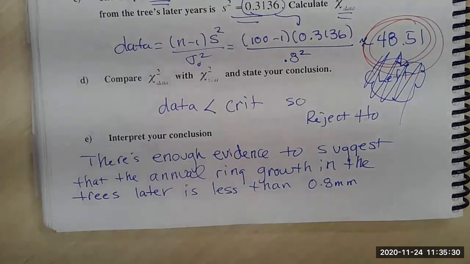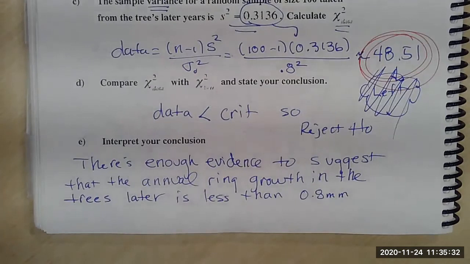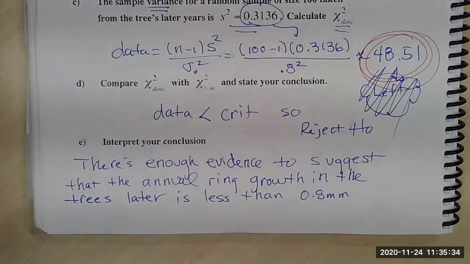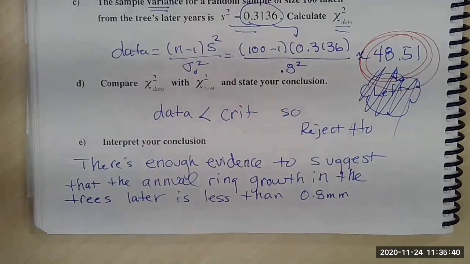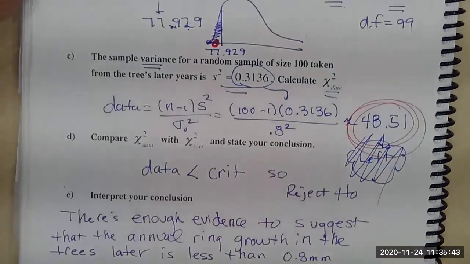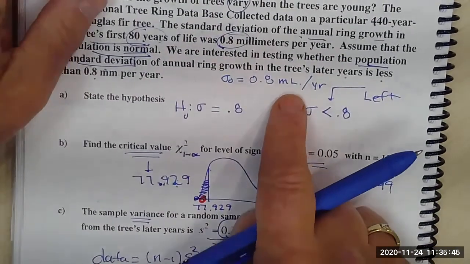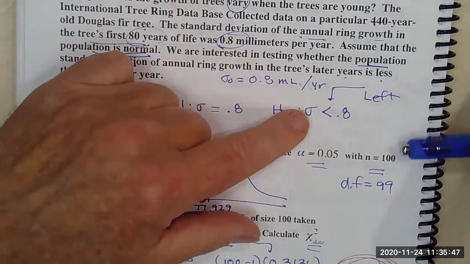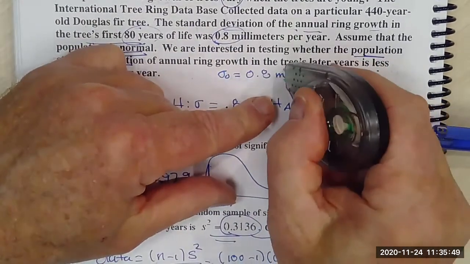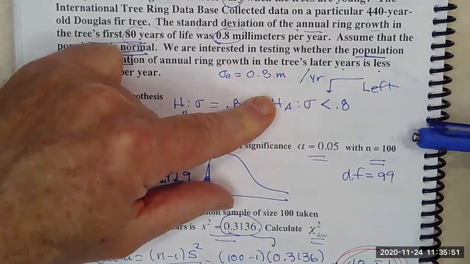I did something weird at the top. Millimeters is the right notation, mm. Way at the top, I wrote ml, which is like milliliters. Way up here, at the beginning, I just noticed that's wrong. That's bad. Millimeters per year.